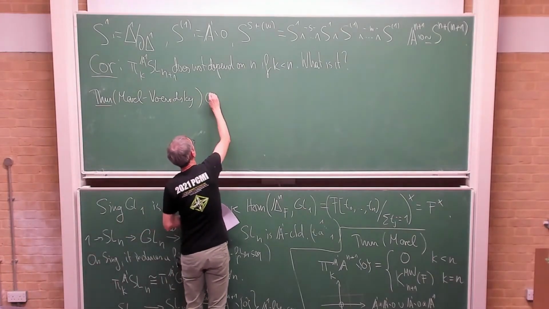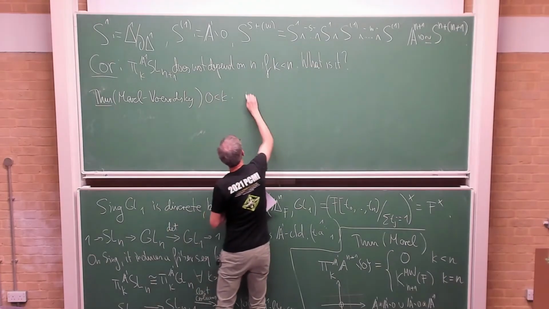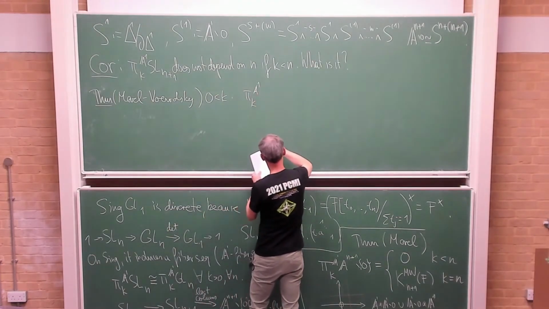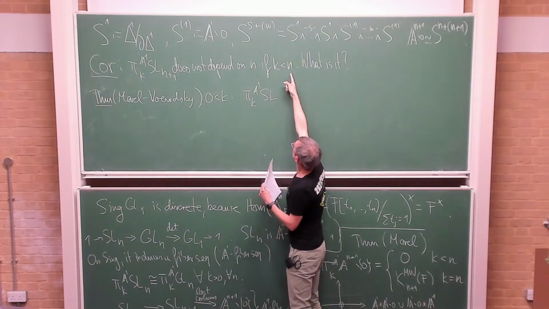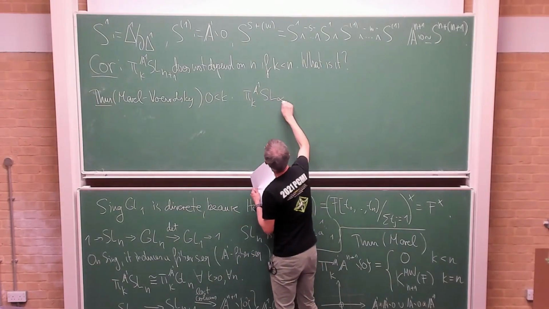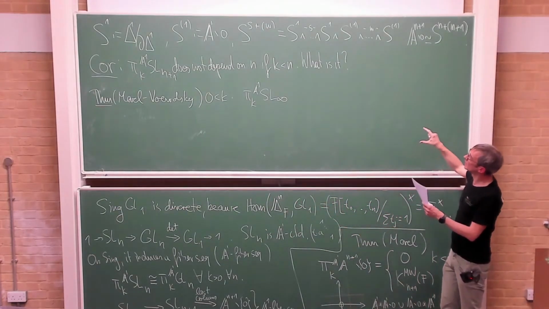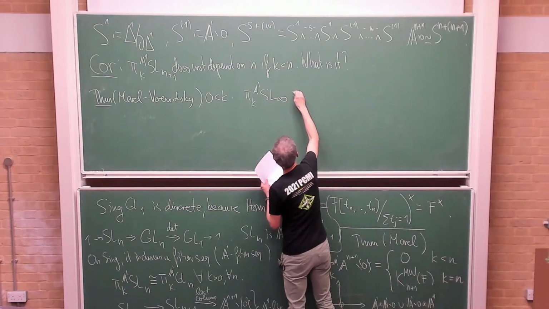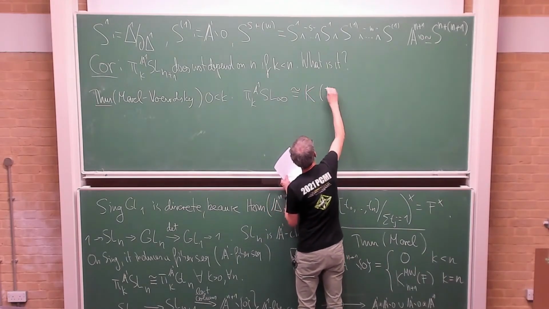And here k is a positive natural number, and then pi_k A1. Since we can enlarge n, let me just go to SL infinity, so the union of all the SL_n for n finite. And this is isomorphic to the algebraic K-theory of the base field.